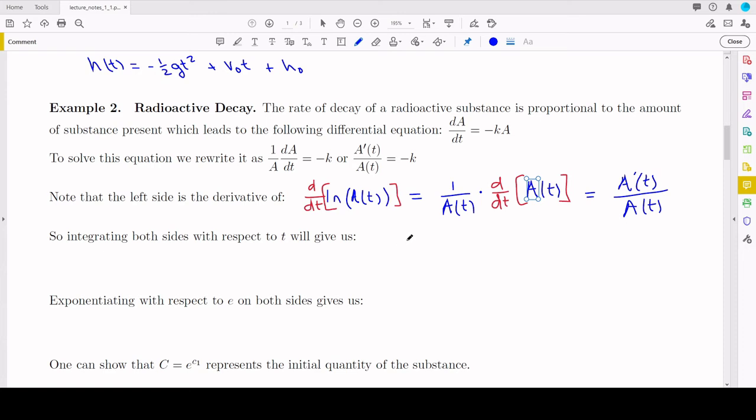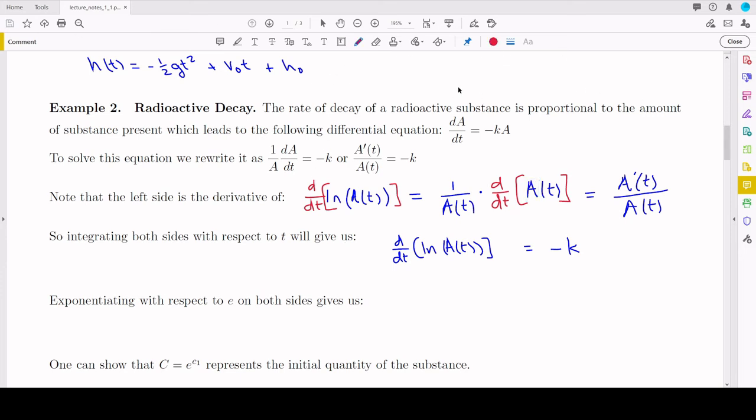So let's start out with that, d dt of ln of A of t, and then that equals negative k. All I did was replace this part by this, and then I brought down the negative k.